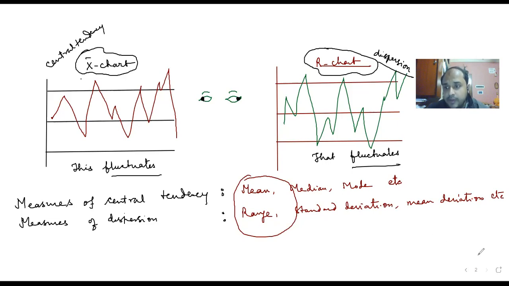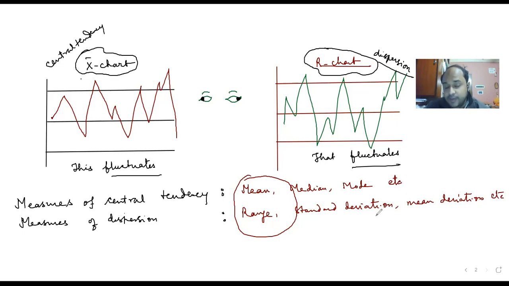Therefore, if you are doing statistical quality control and you just draw the X bar chart, that will not work. If you are presenting only your X bar chart, that is incomplete.